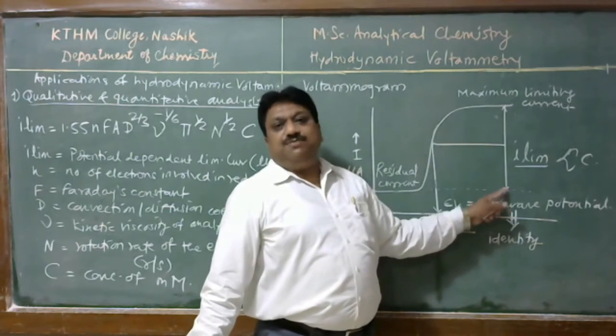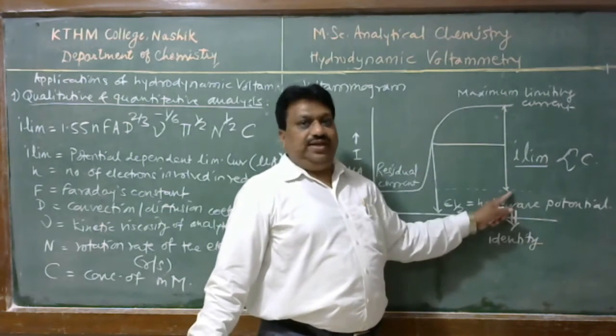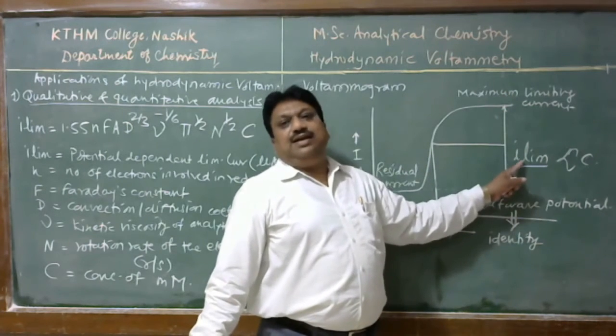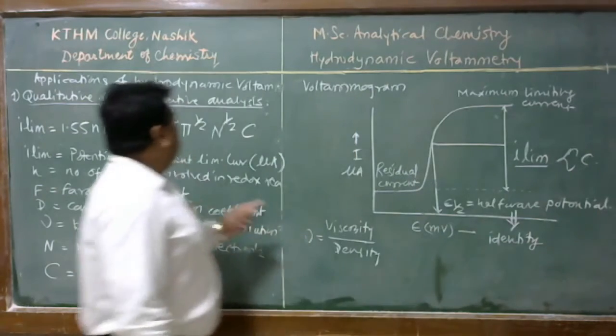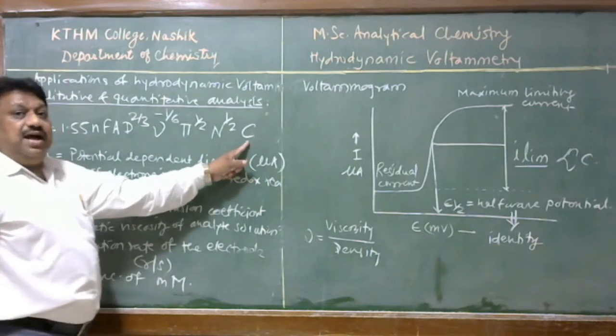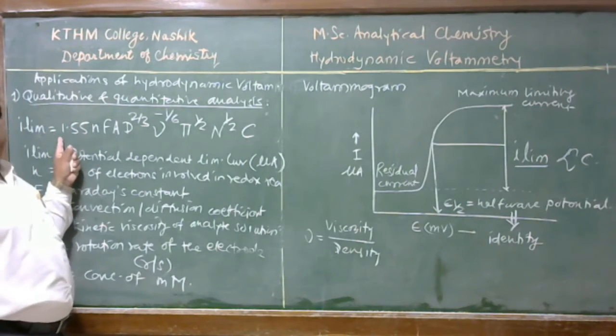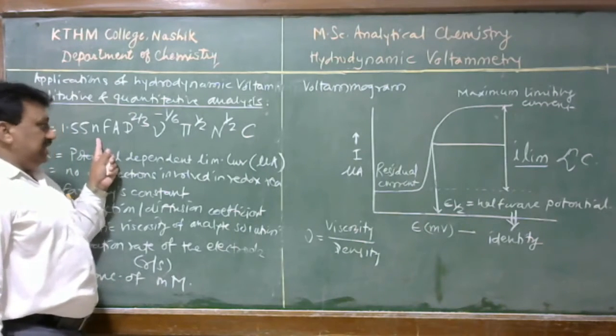When reduction takes place, this limiting current is a reduction current or cathodic current. Therefore, limiting current is directly proportional to concentration of analyte, and the concentration is calculated by using this equation.